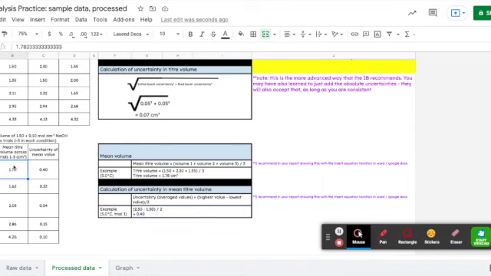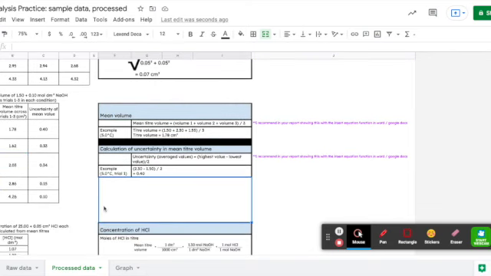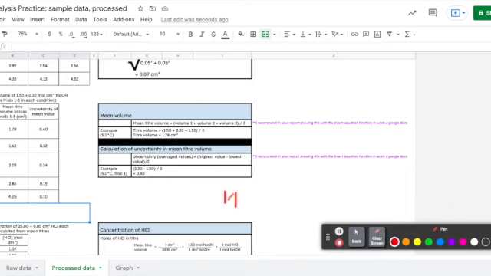All right, so now I have my volume of NaOH. I did not show it here, but you would have shown it, of course, in your introduction. The formula that we're working with: HCl plus NaOH yields water plus NaCl.